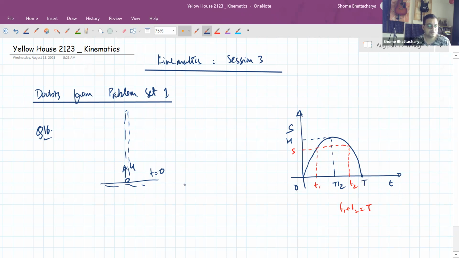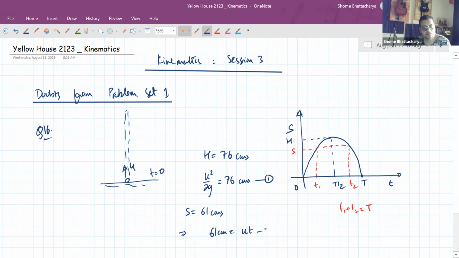Anyway, here we know that capital H is equal to 76 centimeters. So u square by 2g is equal to 76 centimeters. That's the first thing. And if we put s equal to 61 centimeters, then 61 centimeters is equal to ut minus half gt square.